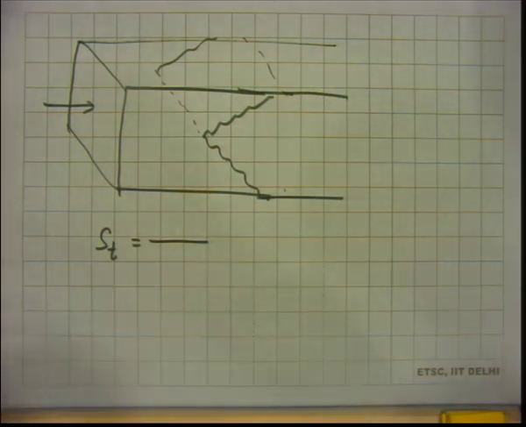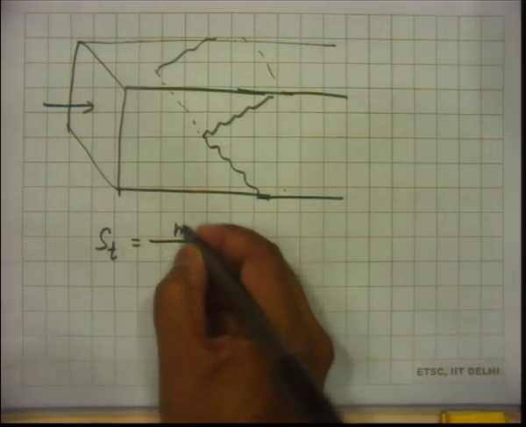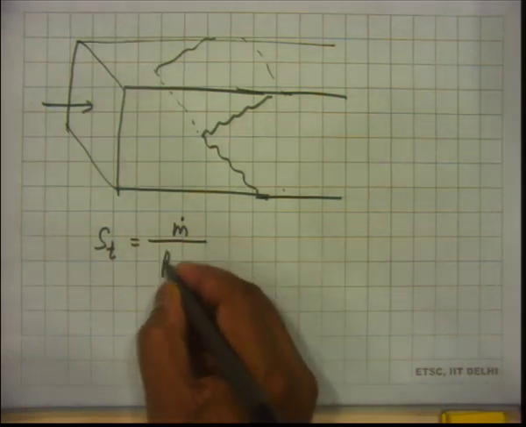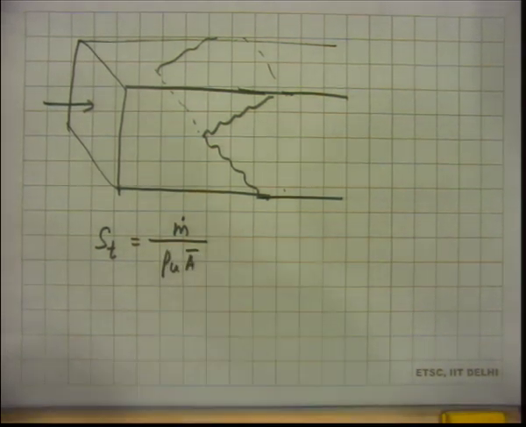So, this ST we can obtain if we measure the unburned gas velocity going into the flame, but I told you a couple of times yesterday that that is not an easy thing to do, that is not something which we try to do either. So, what was an easier option? That we write ST as m dot divided by rho u into some kind of an averaged area.